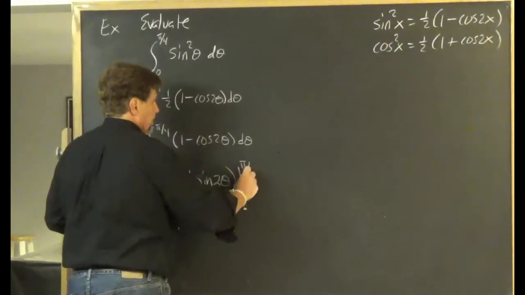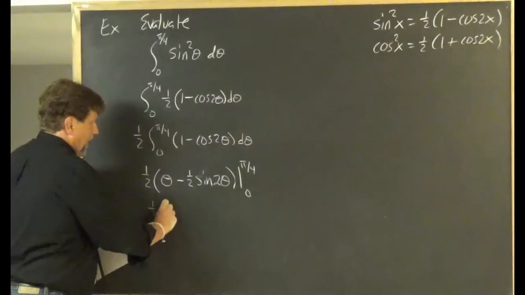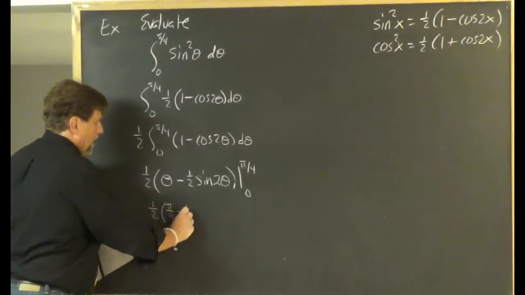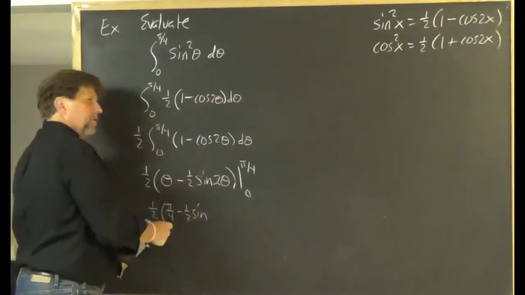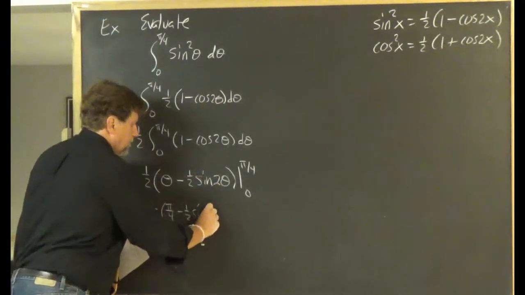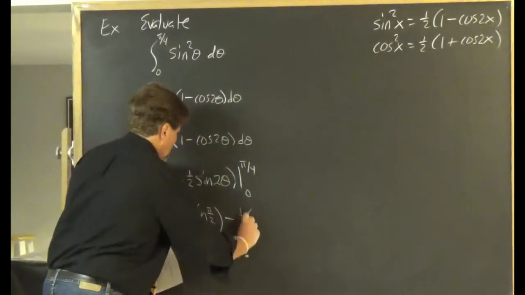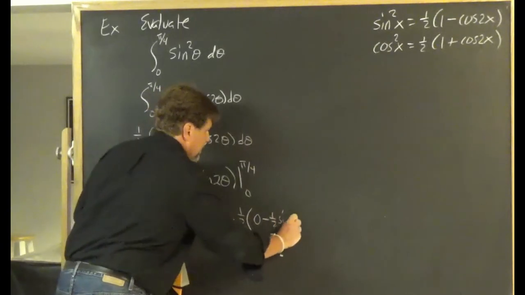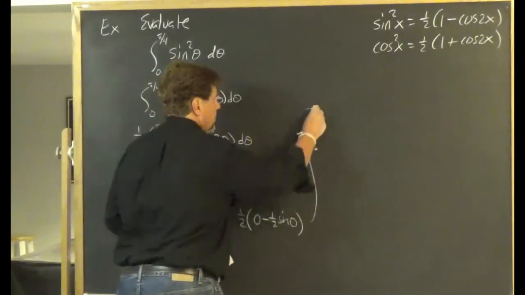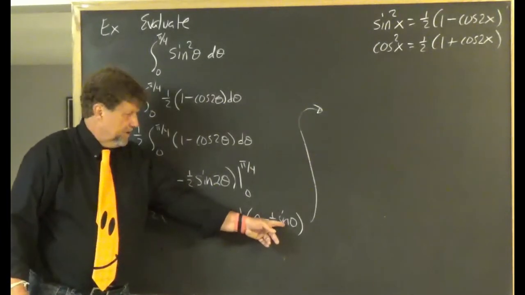Evaluate that from 0 to pi over 4. So we have 1/2 times pi over 4 minus 1/2 sine of 2 times pi over 4. 2 times pi over 4 is pi over 2. Minus 1/2 times 0 minus 1/2 the sine of 0. What's kind of nice here, sine of 0 is 0.